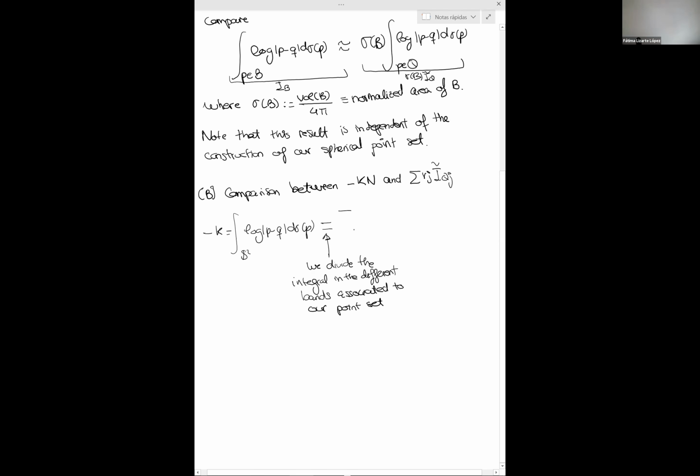So we have this. Now, using this notation, this sum can be written in this form, for any Q belonging to the sphere.